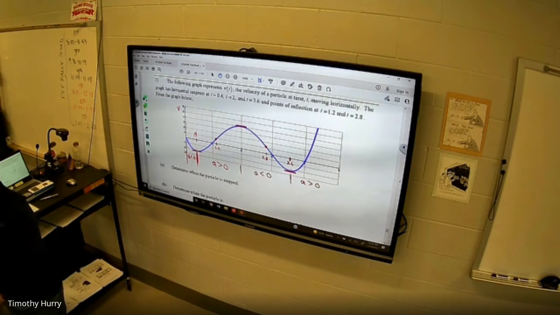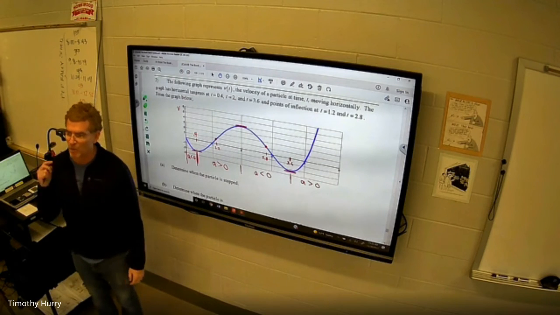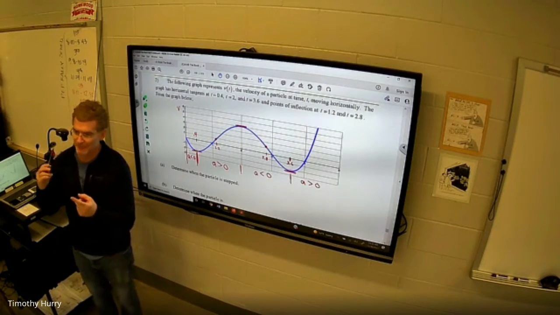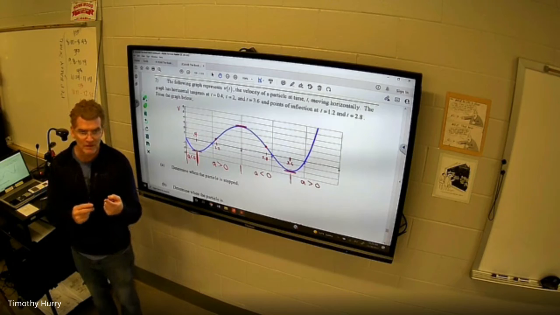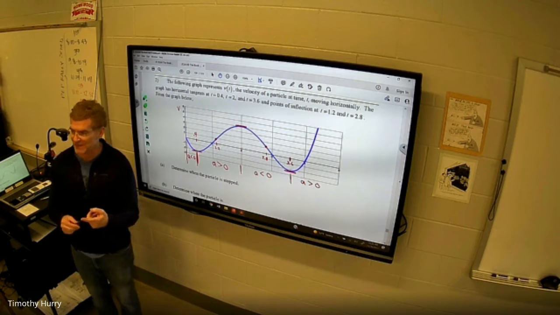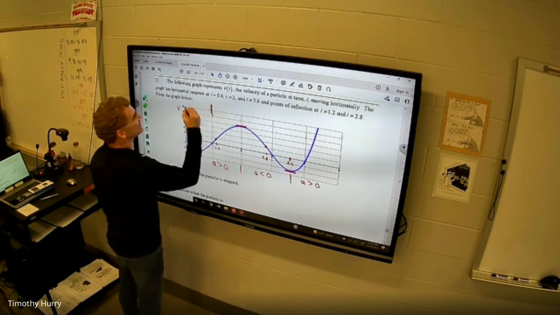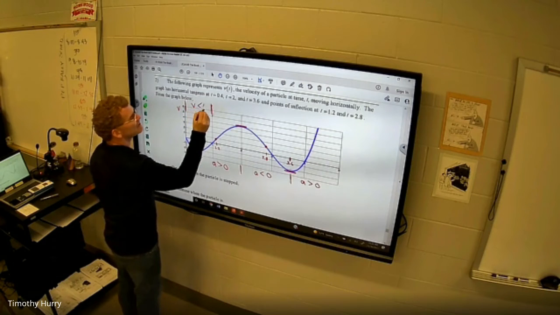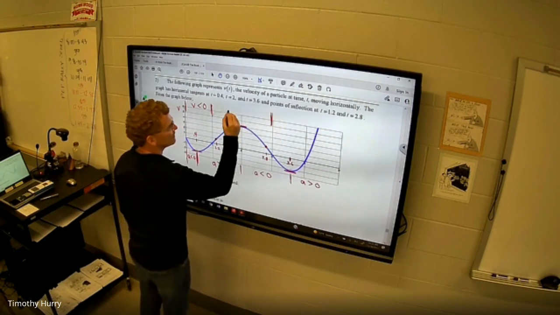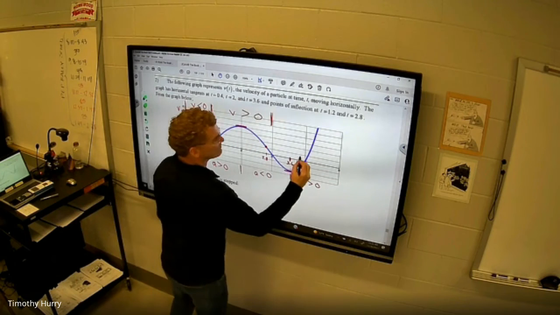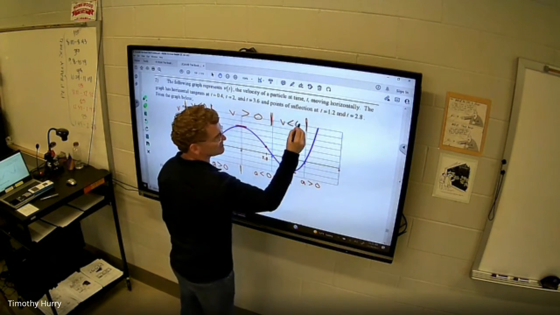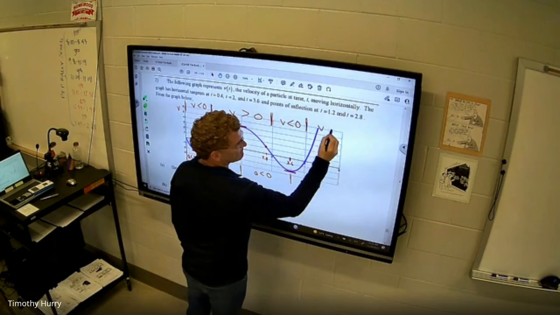So another thing I know about speed is that you speed up when A and V have the same sign. Now, I already know that from here to here, V is negative. From here to here, V is positive. From here to here, V is negative. And from there on, V is positive.